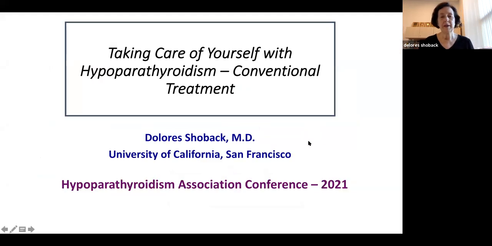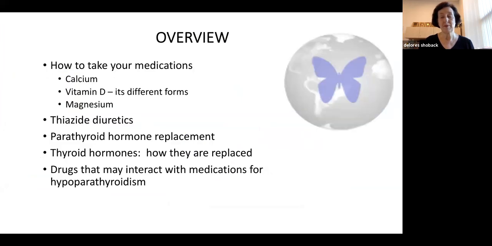So we get to talk about conventional treatment for hypopara and really how to take care of yourself, because we all know that you guys do the main work in taking care of yourself. We're just the quarterbacking here.